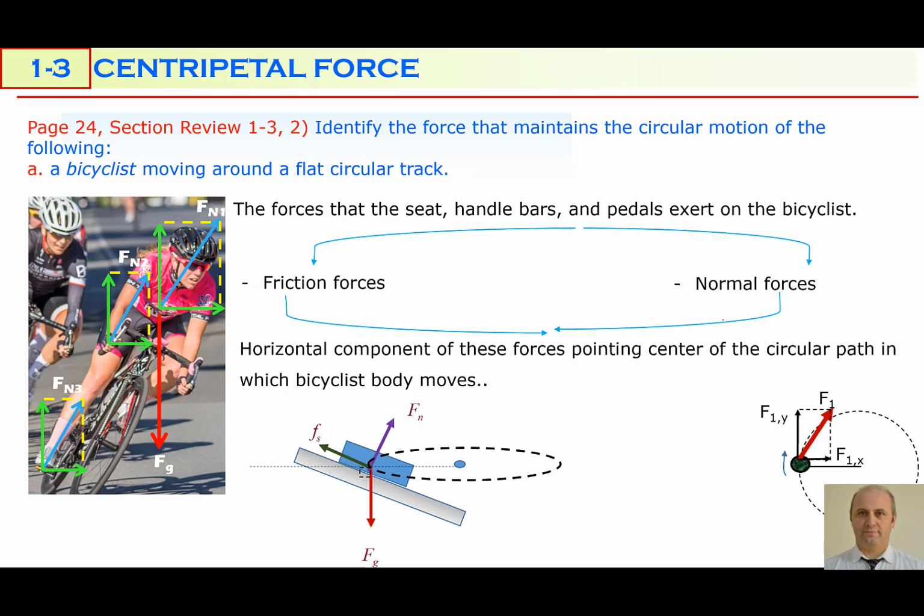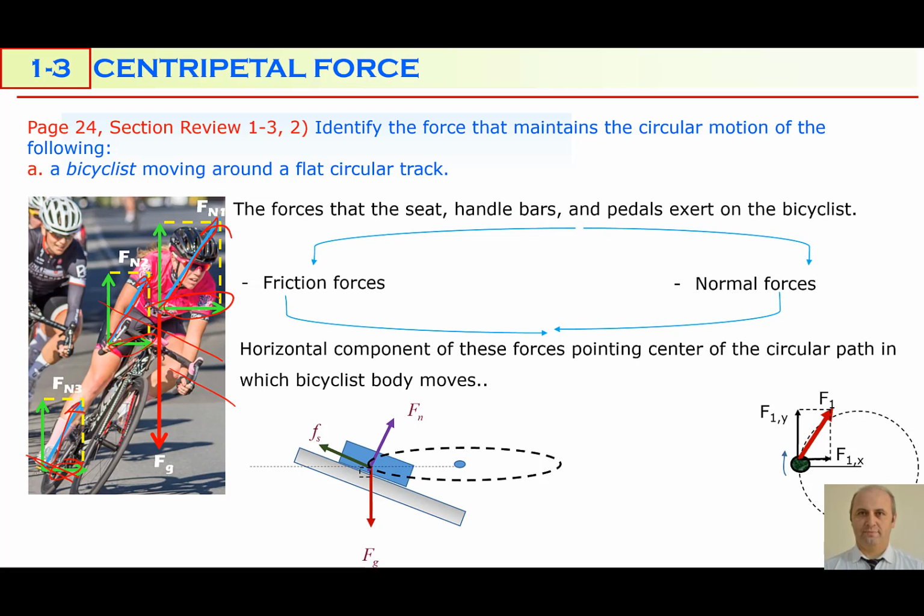When their body is inclined, of course the cyclist is in contact with the bicycle. But the contact surfaces between the cyclist and the bicycle are all inclined. I mean, his seat is inclined, his handle is inclined, his foot is inclined. If the surface in contact with the cyclist is inclined, the normal force also must be inclined. These are the normal forces acting on the cyclist. And this normal force now will provide a centripetal force because it's inclined.